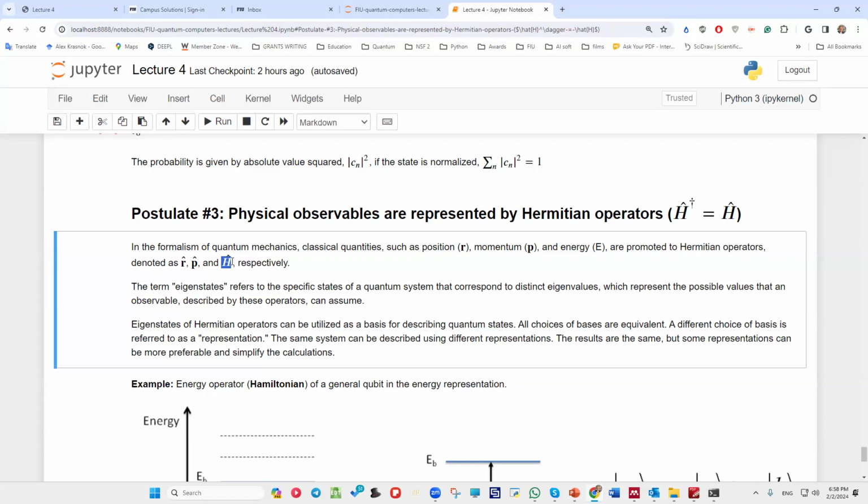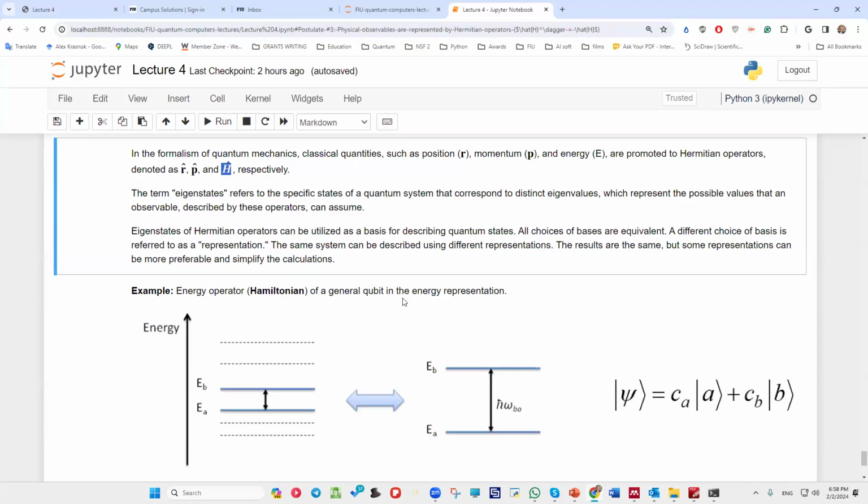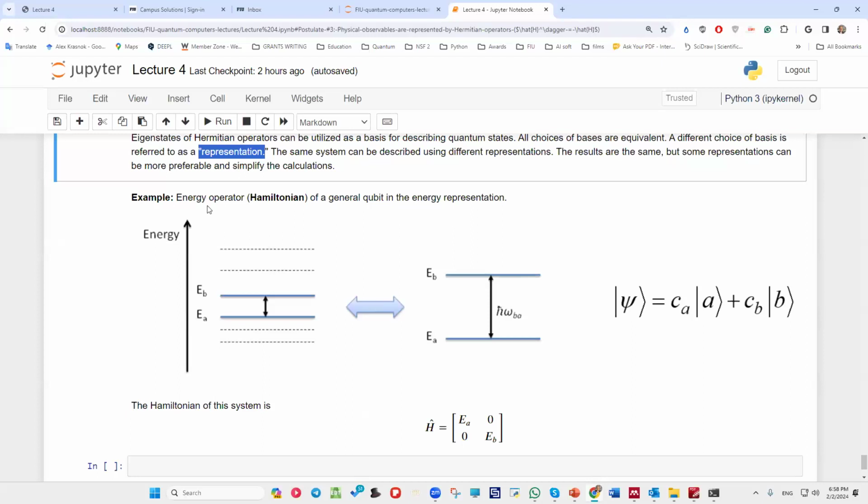The same system. This is very important. So we can use different bases to look at the same system. And we say that we are in a particular representation when we use a particular choice of the eigenvectors. Okay, so this is why I put this example here.